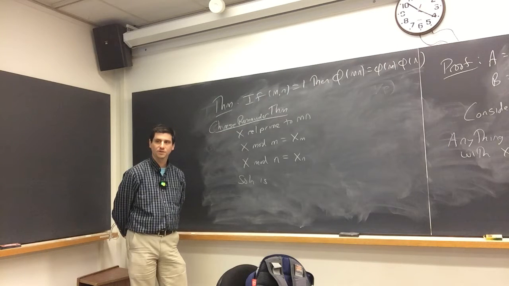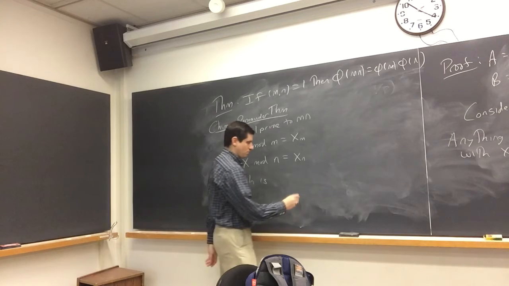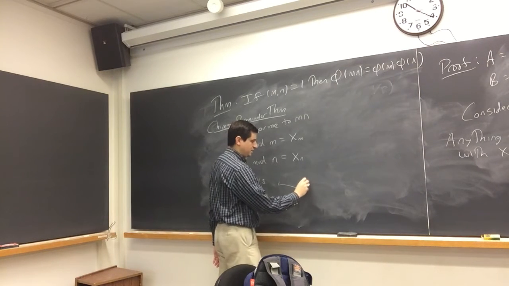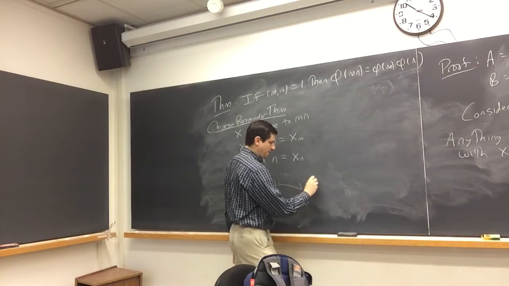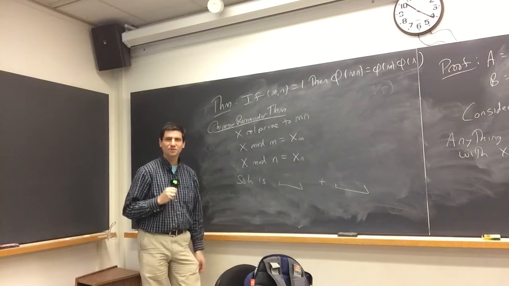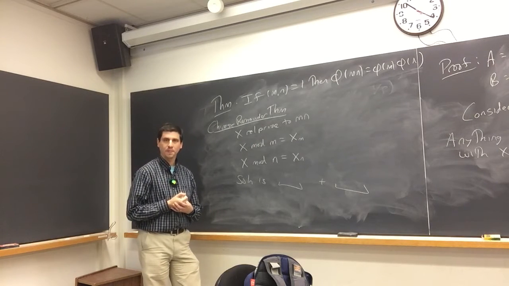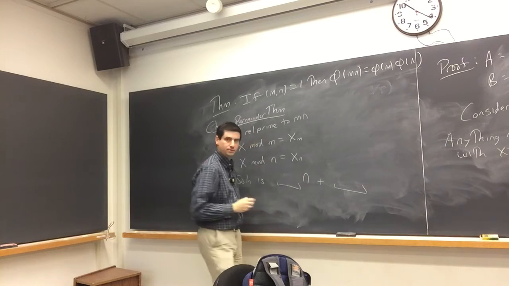Something times the inverse times xn plus something times the inverse times xm. So it was something times m, something times n. We're trying to build something up. So let's say we have n here.